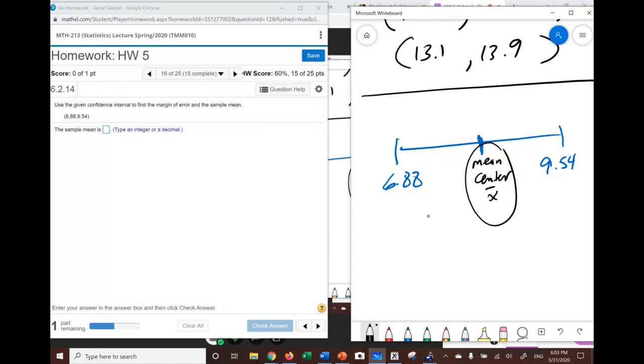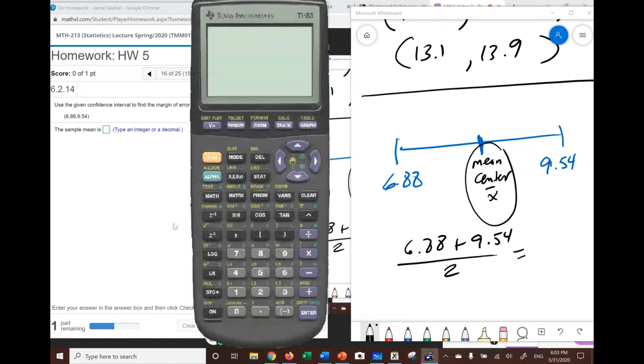So what is the center? The center is always the average of the left, which is 6.88, and the right, which is 9.54, divided by 2. Like if you take two tests, and somebody asks you what is your average in the two tests, you add the two tests and divide by 2. So let me do this math here. I'm going to take the 6.88 and add the 9.54, and notice that before you divide, you hit equal.